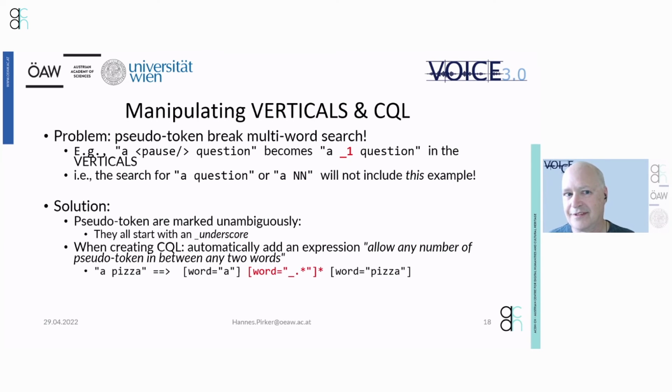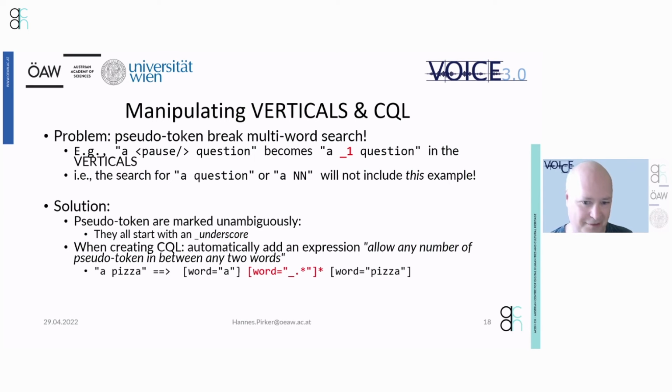So there is a solution for that, and it is as follows. We take care that all these pseudo tokens are marked unambiguously, so they can be automatically identified by our program. And we just chose the convention that they always start with an underscore. So pauses become _1. I think a laughter becomes underscore at sign, things like that.